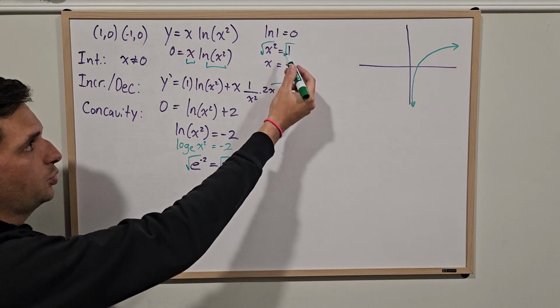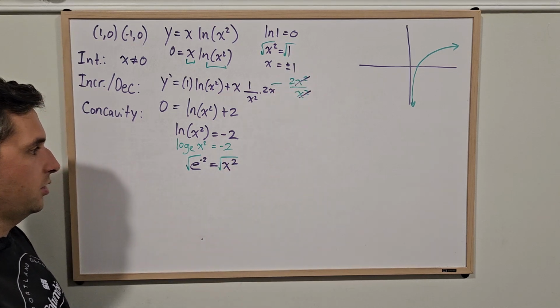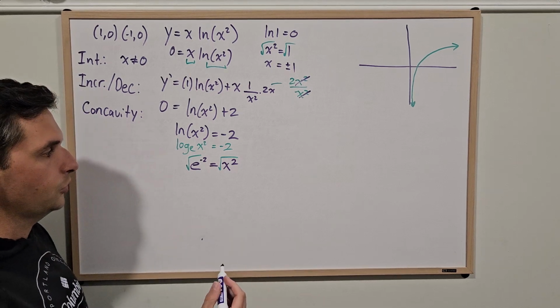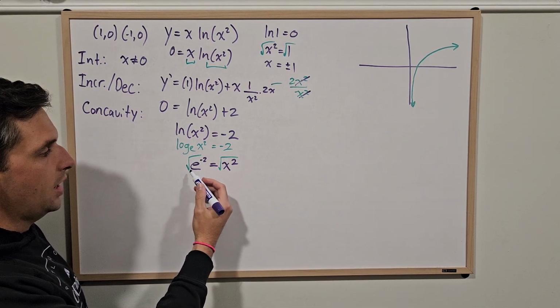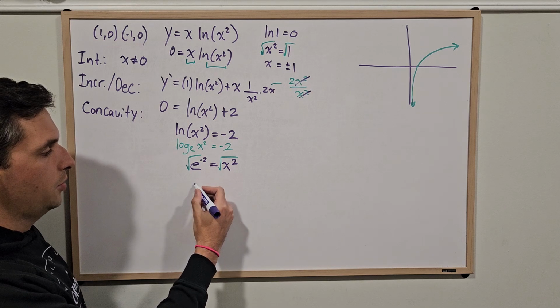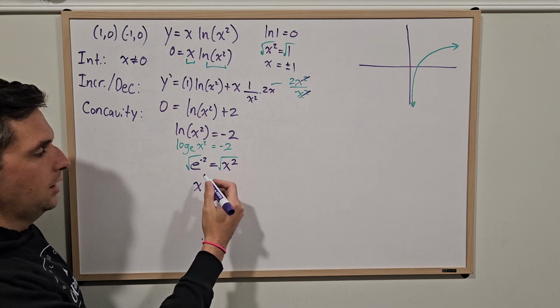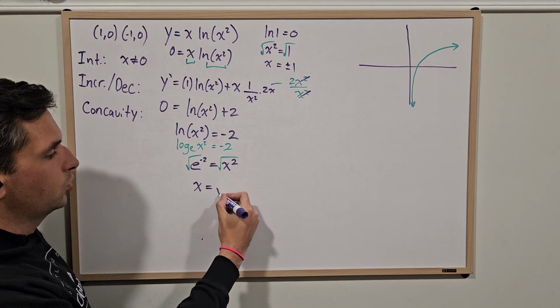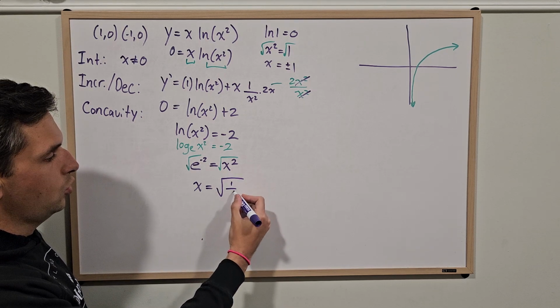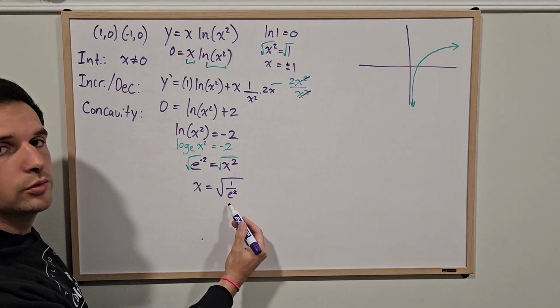Now I have to take the square root of both sides here. Same way that I did it up here, I have to consider the positive and negative component of this square root. Okay, so on this side, I'm going to take my x and move it over here. I'm going to have x equals the square root of 1 over e squared, right?